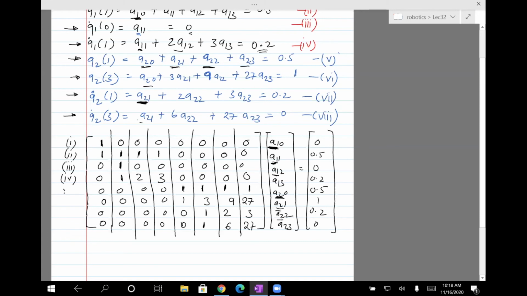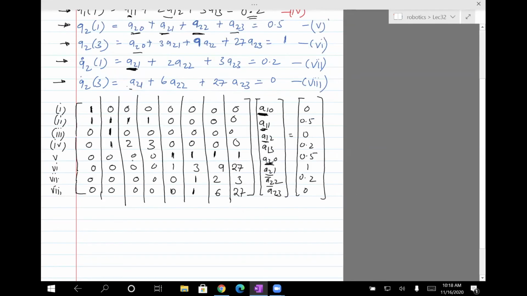Okay, so that's 5, 6, 7, 8. So you can think of this big giant matrix, 8 by 8 matrix, as an A matrix. Okay, I can call it whatever I want. And then we have X for the unknowns equals B. So 8 by 1, 8 by 1, and 8 by 8.